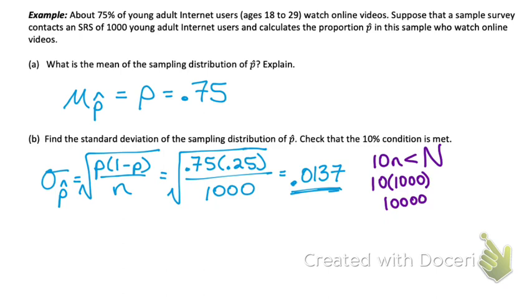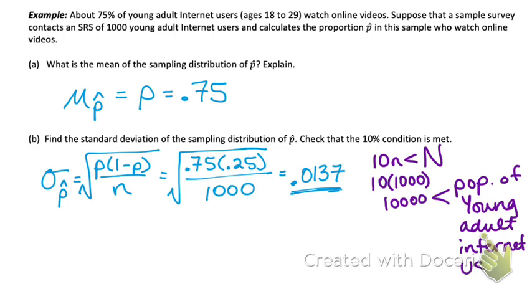Large. It's large, right? It says young adult internet users age 18 to 29. So I'm assuming I'm talking about all young adult internet users age 18 to 29. Do you think that the population of young adult internet users is greater than 10,000?